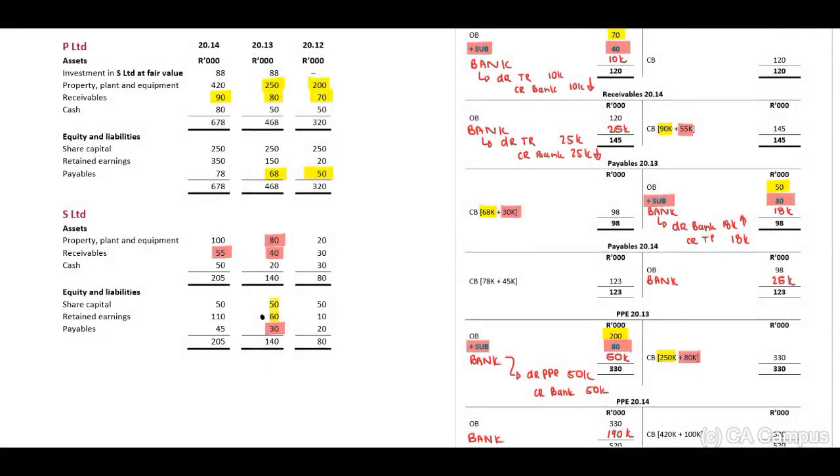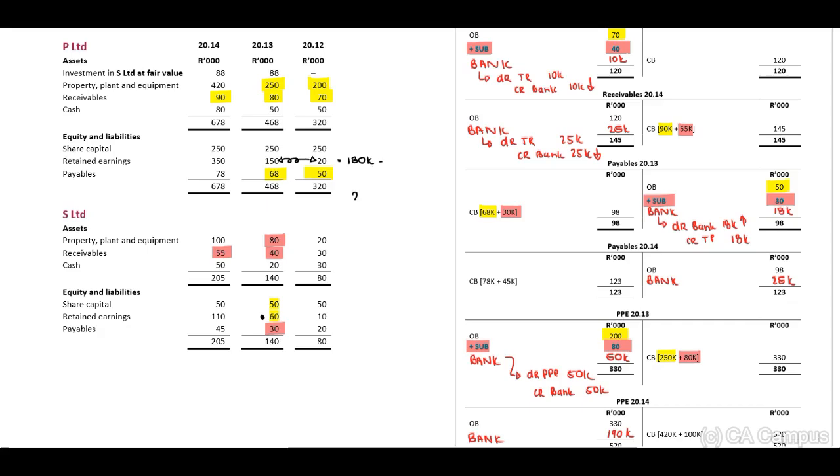Remember, for 2013, we only had profit of P Limited. Therefore, the difference between the opening and closing balance of our retained earnings will be a total of 130,000.